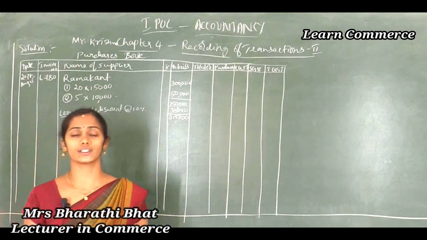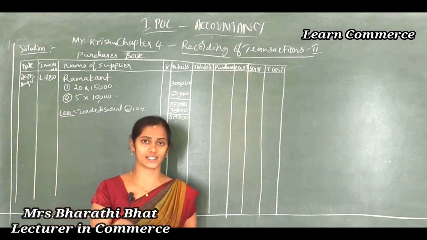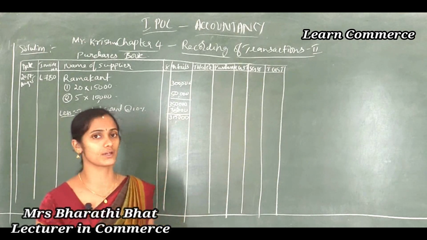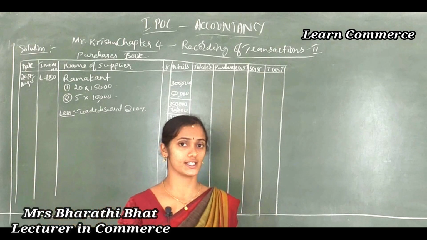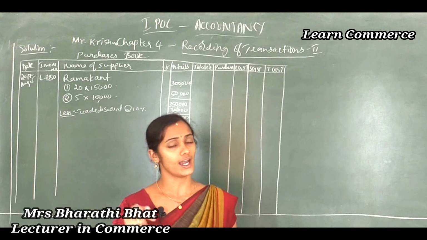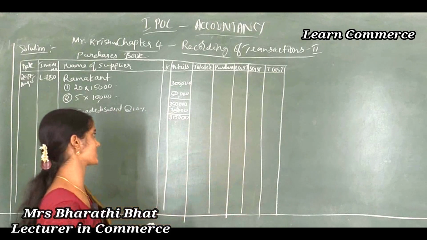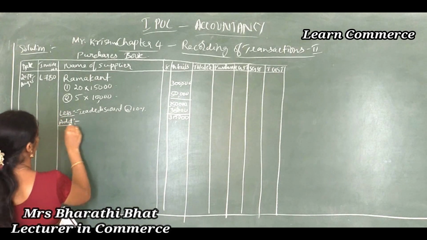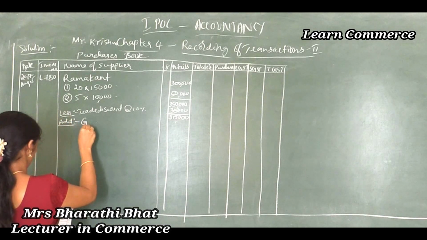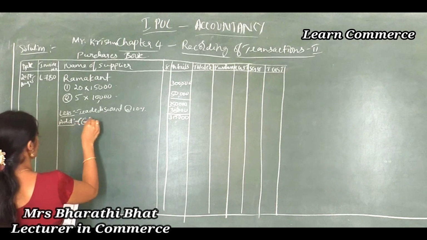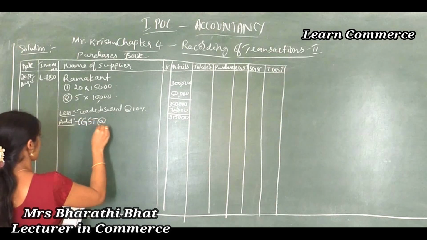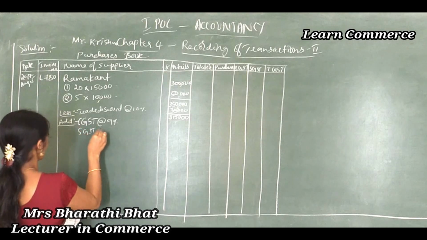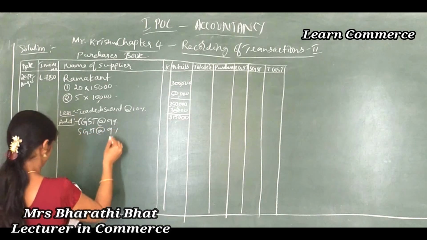This transaction is within the state, so we have to calculate two GST. One is CGST and one is SGST. So here itself add CGST at 9% and SGST at 9%.